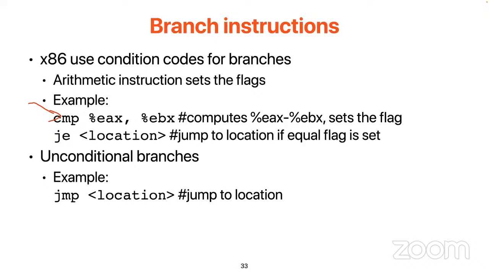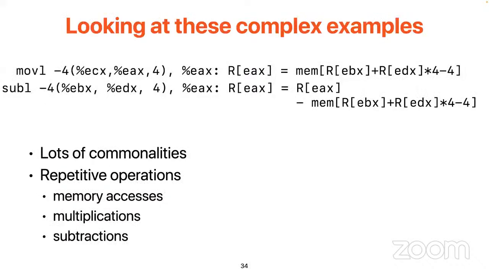And then the instruction checks the flag to decide what direction to jump. Or there is also an unconditional jump, where no matter what the condition is, we just jump, right? So there are also many types of branch instructions. Looking at these instructions, you will feel that it's very natural, but it's so complex, right?